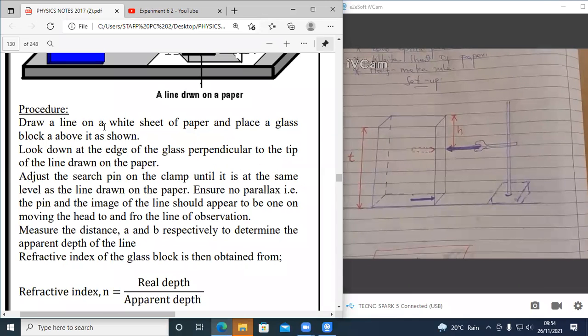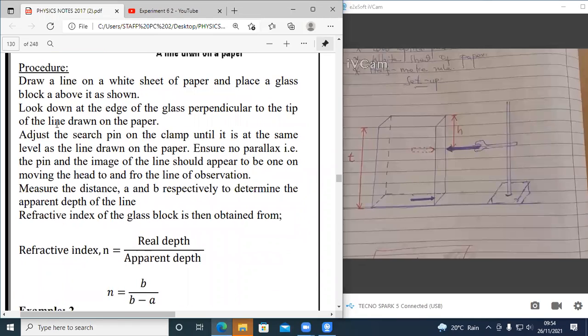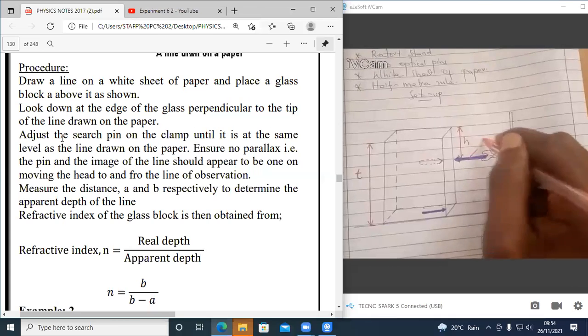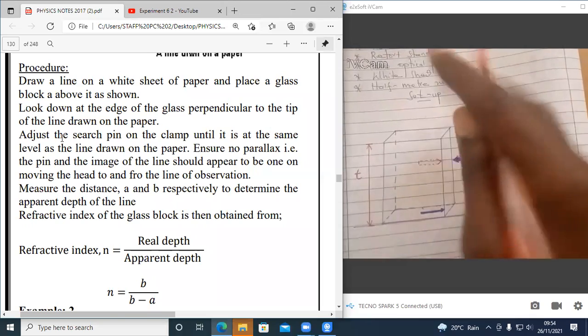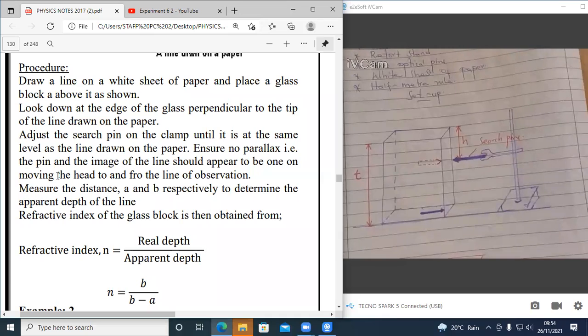So we say draw a line on a white sheet of paper and place a glass block above it, as shown in the diagram. Look down at the edge of the glass block, perpendicular to the tip of the line drawn on the paper. Adjust the search pins, which we call search pins because we use them for adjusting until there is no parallax.